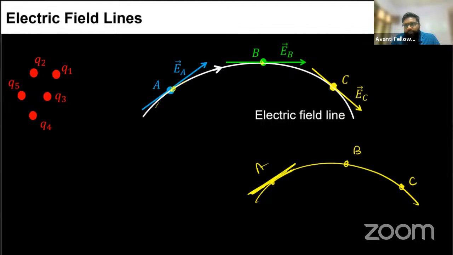When you draw the tangent at any particular point on the electric field line curve, you will get to know the direction of electric field. And if you get to know the direction of electric field, you can easily guess the direction of force.